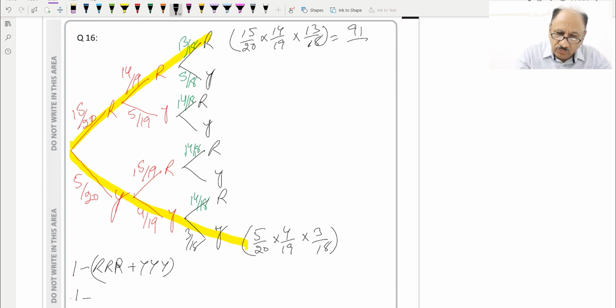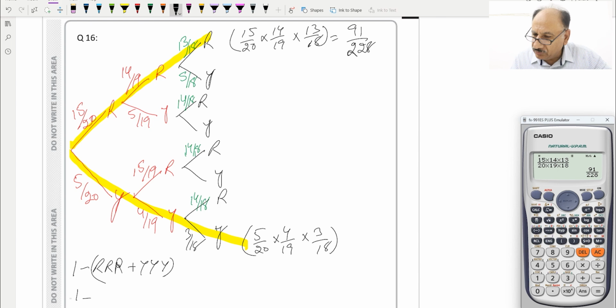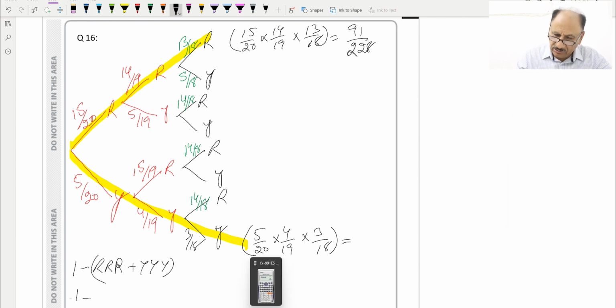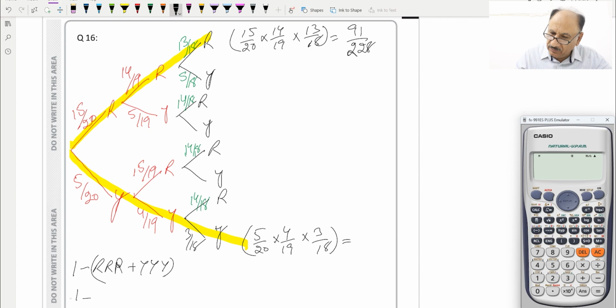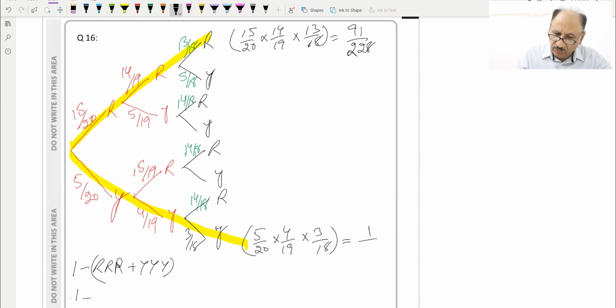Now we can check the yellow one too. So this will be the fraction 5 into 4 into 3 over 20 into 19 into 18, and this gives 1 over 114.